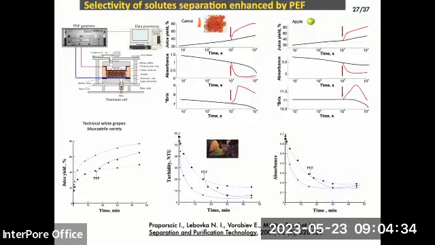This example is for the white grapes. You can see that with application of pulsed electric field, there is an increase of the juice yield. Here applications were done at the beginning of the process, but also there is a decrease of turbidity and absorbance of the juice. So in all cases, we have results which are practically similar.